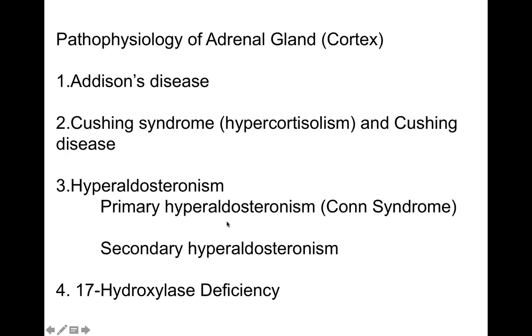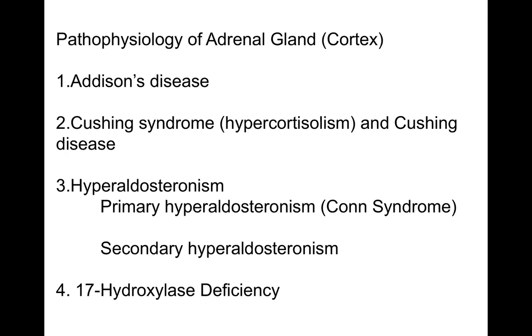Next comes hyperaldosteronism, and again we are talking about two ways in which it can happen. One is known as primary hyperaldosteronism, called Conn's disease or Conn's syndrome. And that is not very uncommon, I would say.